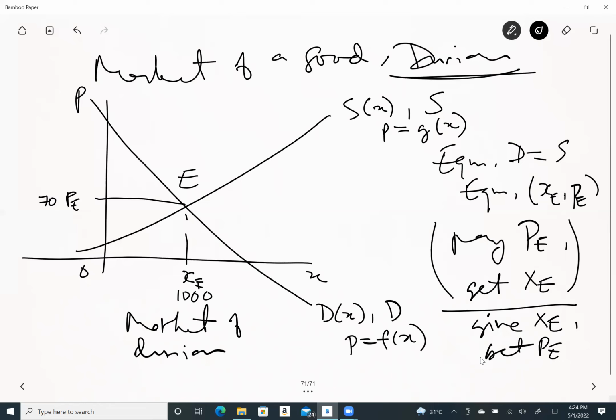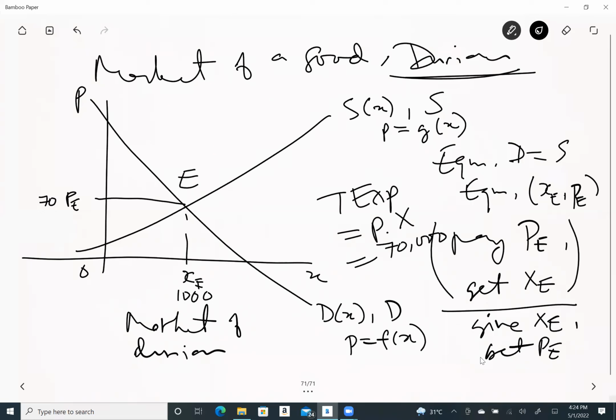You buy 1,000. So how much do you have to pay total? 70,000. Okay, so our total expenditure is equal to the price multiplied by the quantity, equal to that example 70,000.